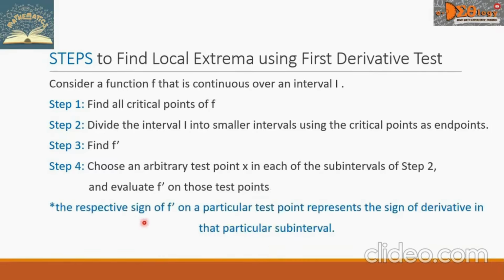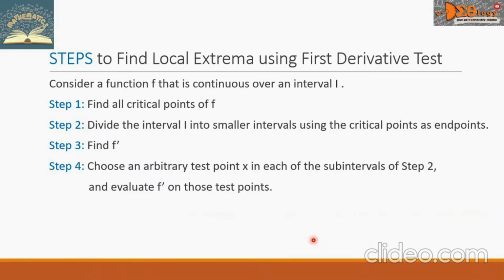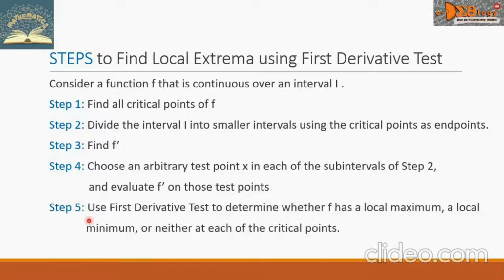The respective sign of f prime on a particular test point represents the sign of the derivative in that particular sub-interval. Step 5. Use first derivative tests to determine whether the function f has a local maximum, a local minimum, or neither at each of the critical points.